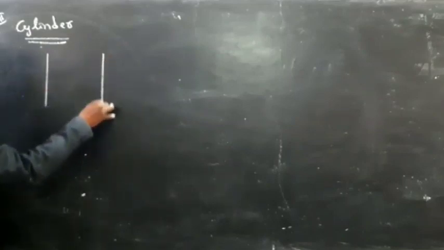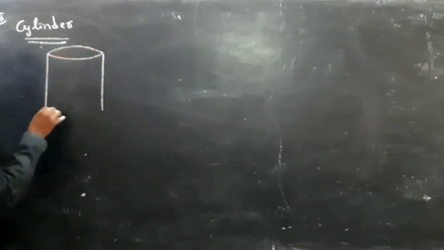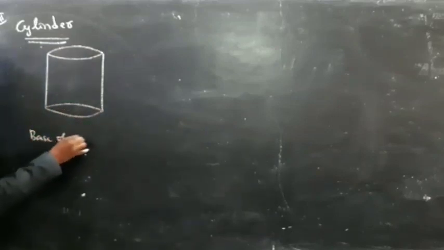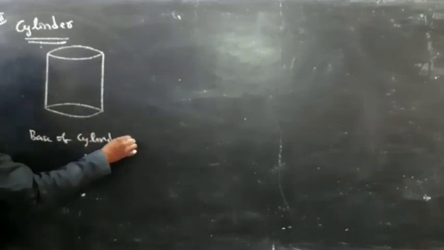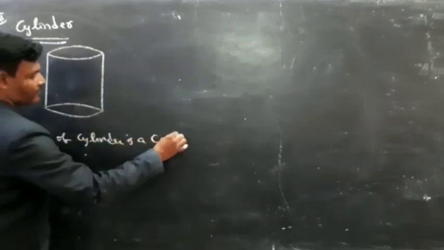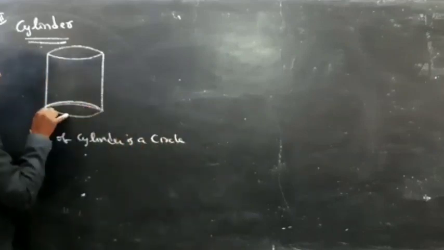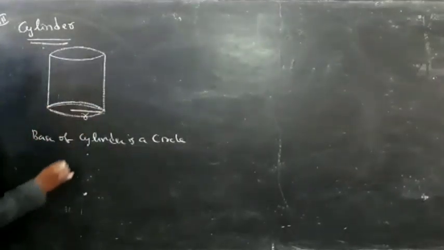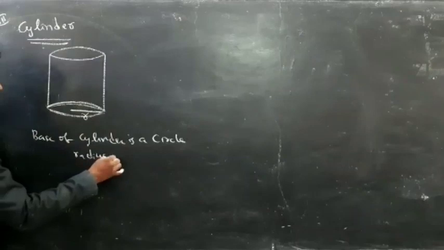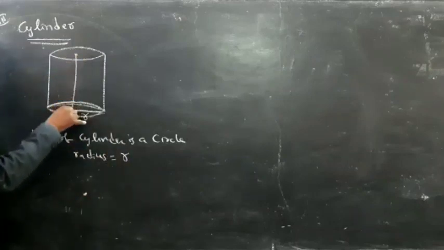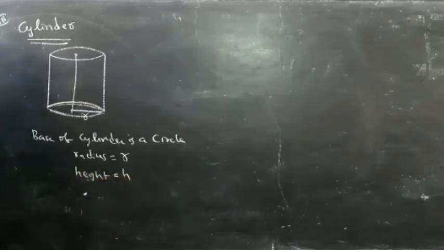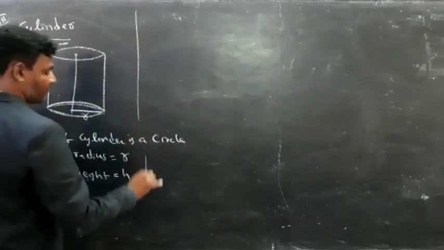Next I am going to take cylinder. Here, the base of the cylinder is a circle. The dimensions of the cylinder are radius r and height h.